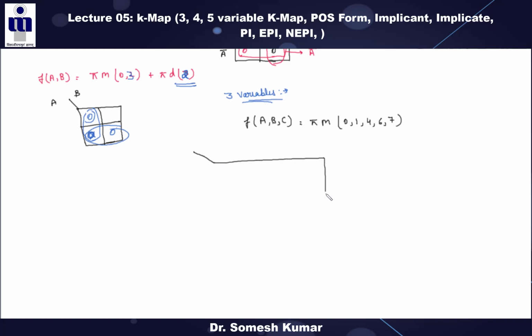So how many cells do we have to take? 8, right? We have to take 8 cells over the K map. This is A, this is B, C, right? This is 0, 0, this is 0, 1, 1, 1, 1, 0, this is 0 and the 1. This 0 represents A, this represents A bar.